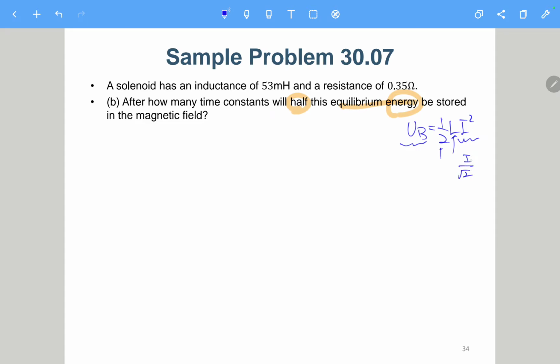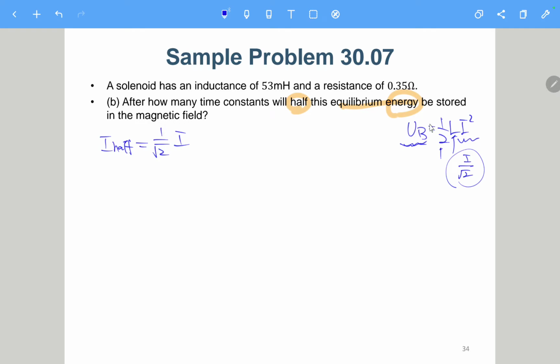So we would like to have this I. In that case, I half should be 1 over square root of 2 times I rather than 1/2 of I, because we would like to have half of the equilibrium energy. And here we have a square.